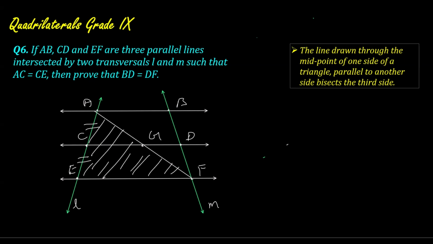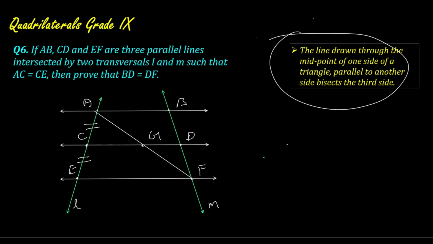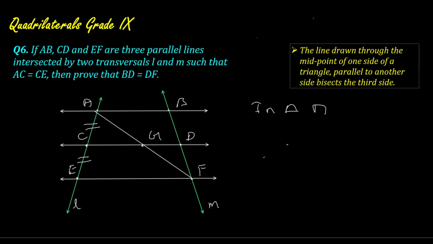So you just need to focus on this triangle here. So in this triangle, we are going to apply this converse of midpoint. As you can see, let's say I name it triangle AEF. What we know is that C is the midpoint of AE.